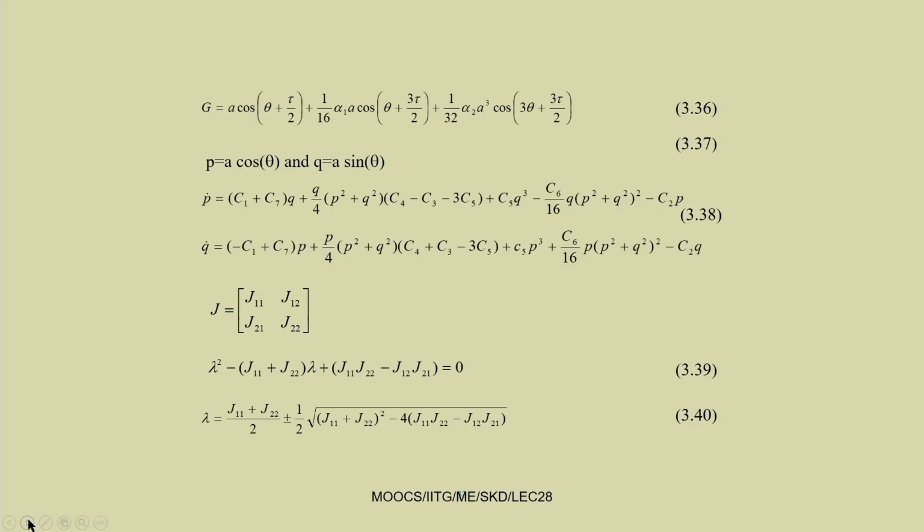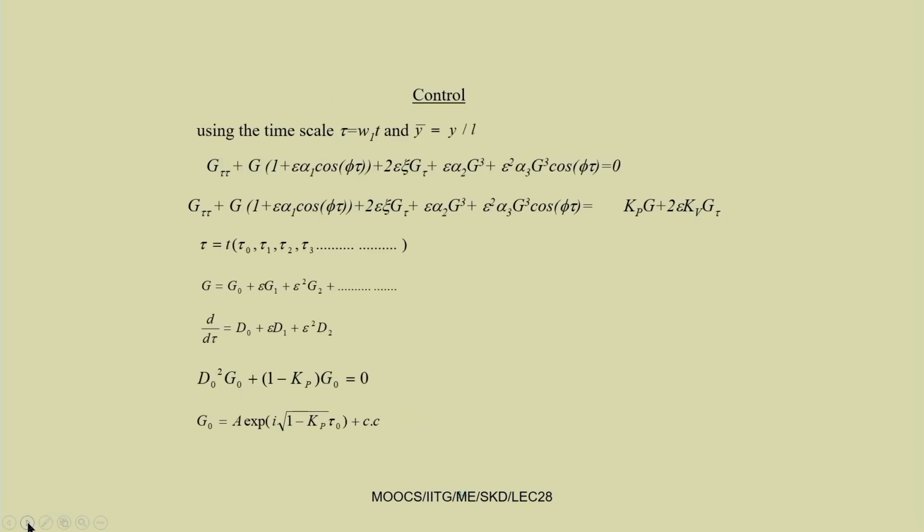Here again you may replace this equation using its polar form p and q, and you can get these two equations. Then you can find the Jacobian matrix, and by studying its eigenvalues you can determine whether the system is stable or unstable. If you want, you can also use a controller here to control the vibration.